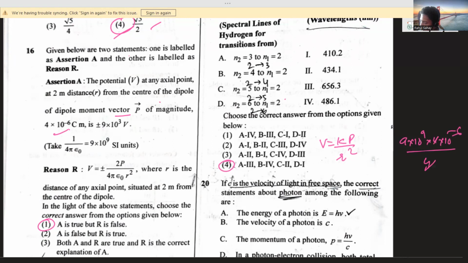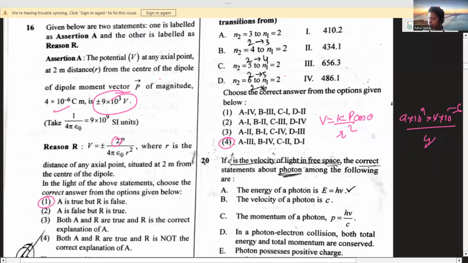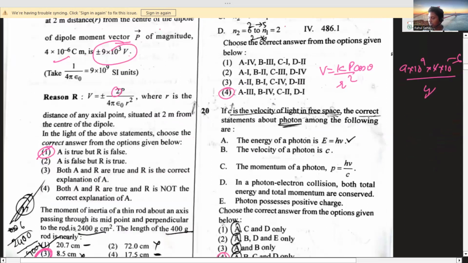This is correct, 9 into 10 to the power 3 you are getting. Plus or minus, because p dot r is p cos theta, it can be right side or left side. The formula is kp cos theta by r square. The 2 is not there, right? So this is wrong. So assertion A is true, B is false. So option 1 is correct.